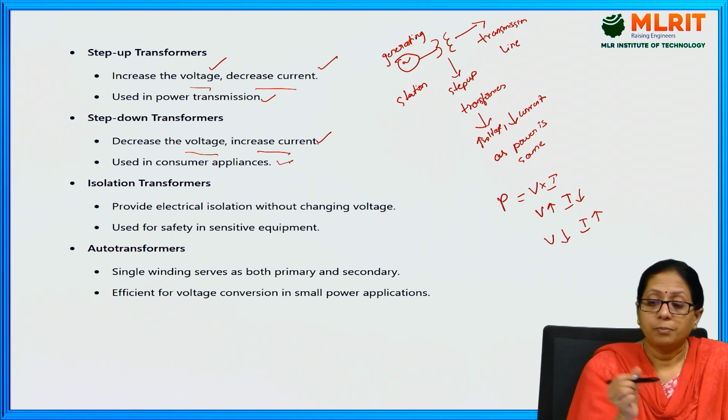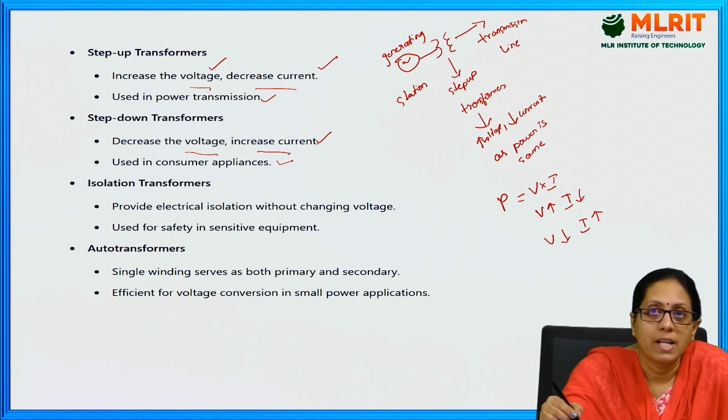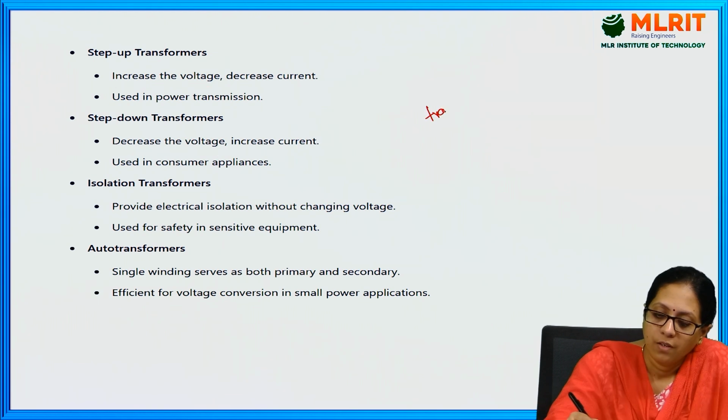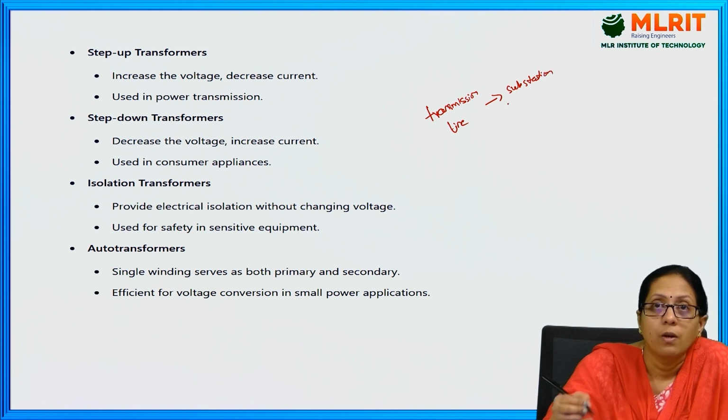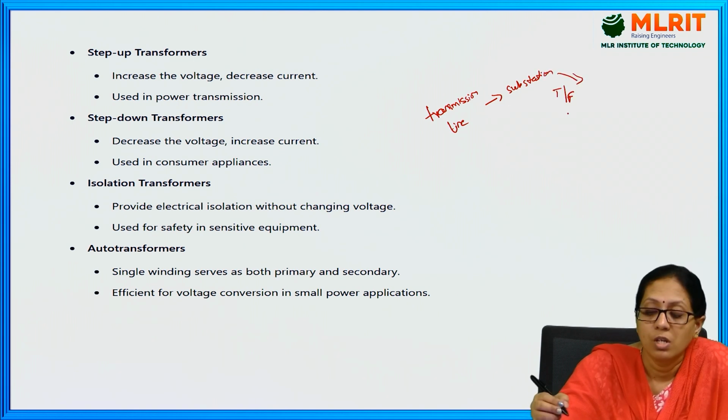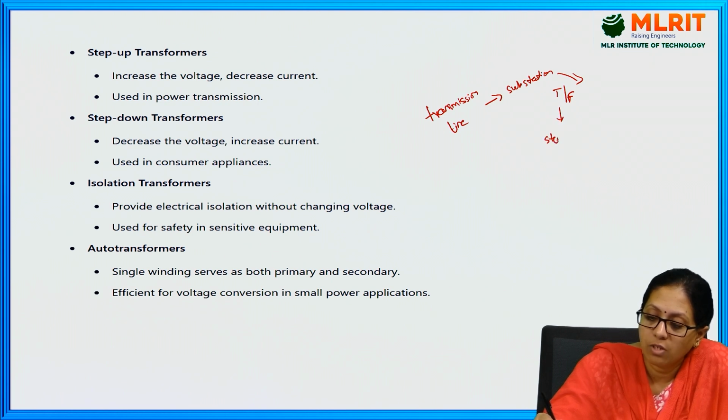That is, the transmission line is connected to a substation. In this substation, again one more transformer is being used. This transformer is nothing but a step down transformer which is connected to the distribution line.